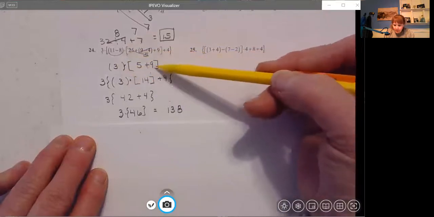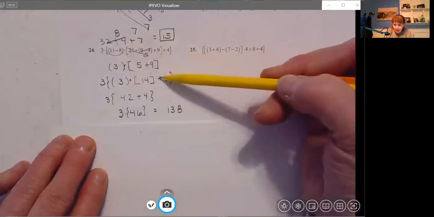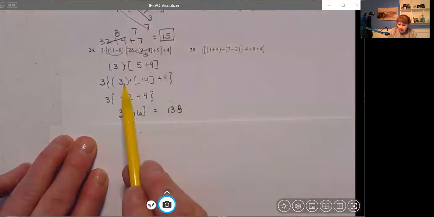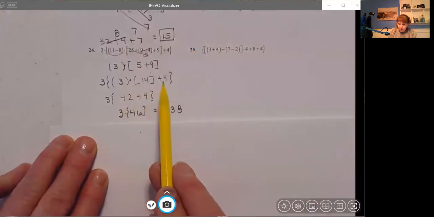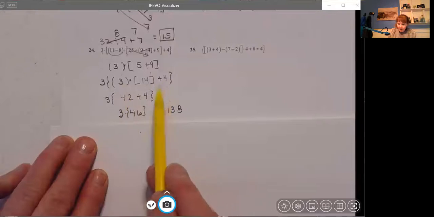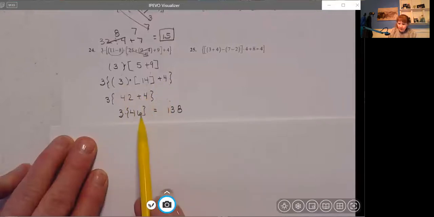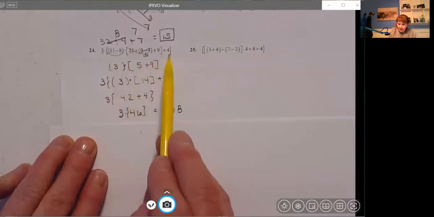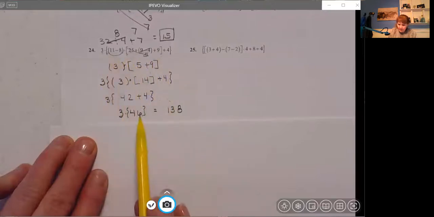Now here, inside here I've got plus 4. Yes, because that's inside the bracket. So then I get 42 plus 4, 46. So all I did was simplify everything in here. And then times 3, 138.